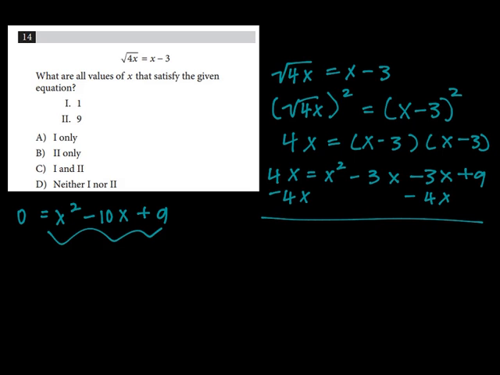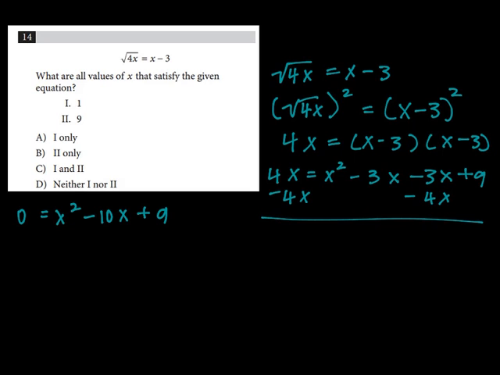Now let's factor this side. You could use any method you like, but I'll just be using a box method. So we just have x squared, 9, and negative 10. So basically it should add to negative 10 but multiply to 9, so that would simply be x minus 1, x minus 9.